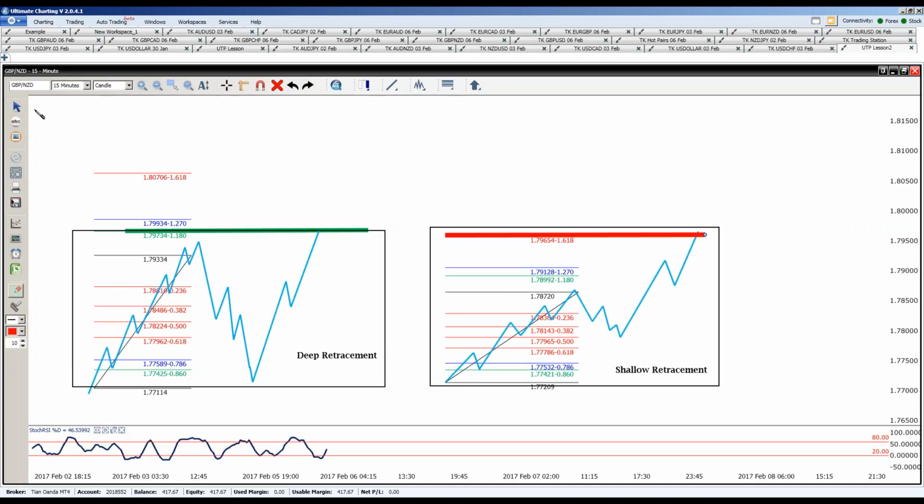Right, that will be the D extension. A, B, C, D, and again A, B, C, D.